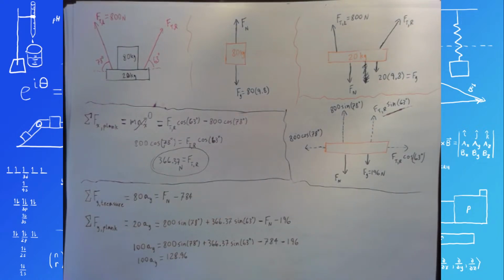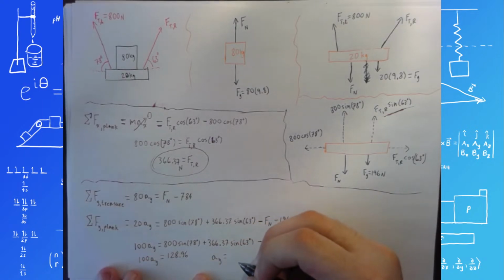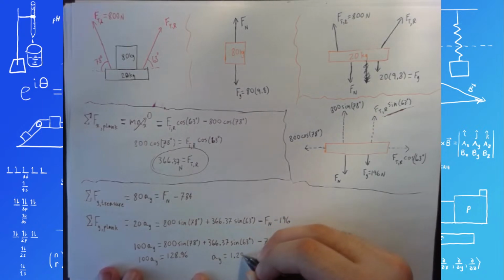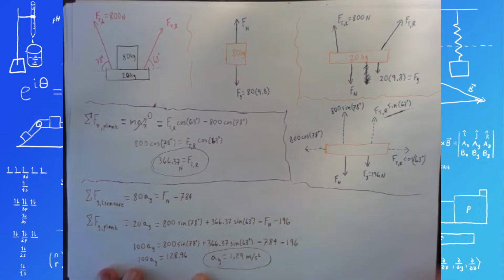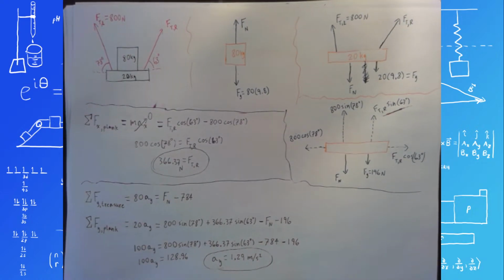And divide by 100, that's 1.2896. So acceleration in y, 1.2896. I'll just round that to about 1.29 meters per second squared. If my mass is in kilograms and my force is in newtons, then I should get my acceleration in meters per second squared. Okay, so that's part B answered.